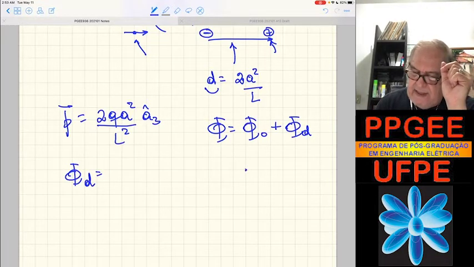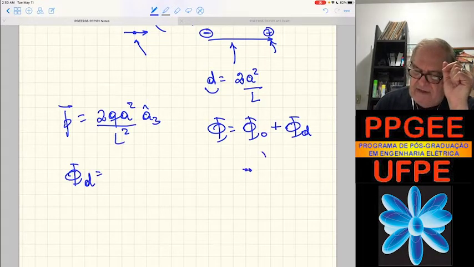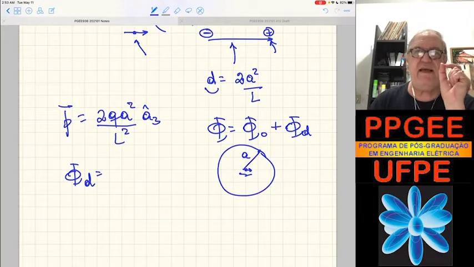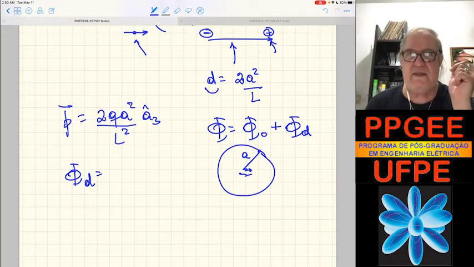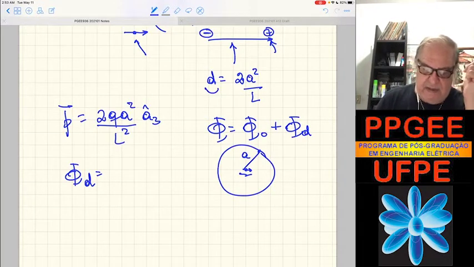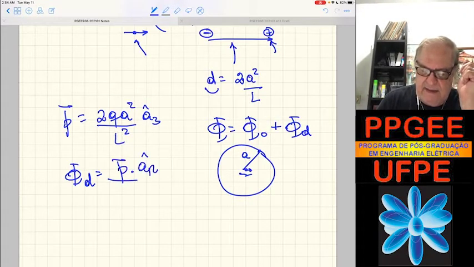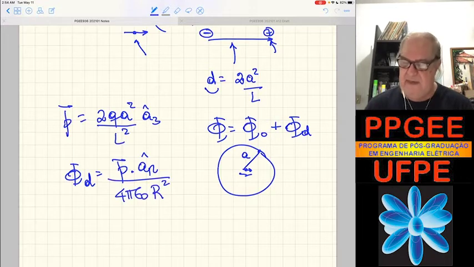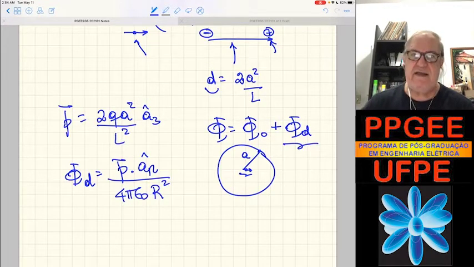We have a point dipole, and a sphere with a radius much larger than the size of the dipole, so we can use the asymptotic approximation. The potential equals P dot AR divided by 4 pi epsilon 0 R squared. So the additional potential due to the image charges is this phi d.